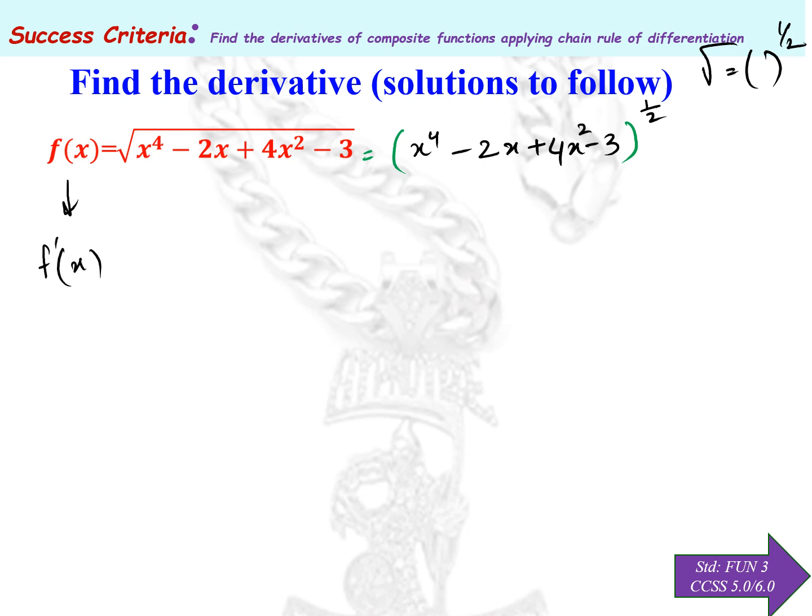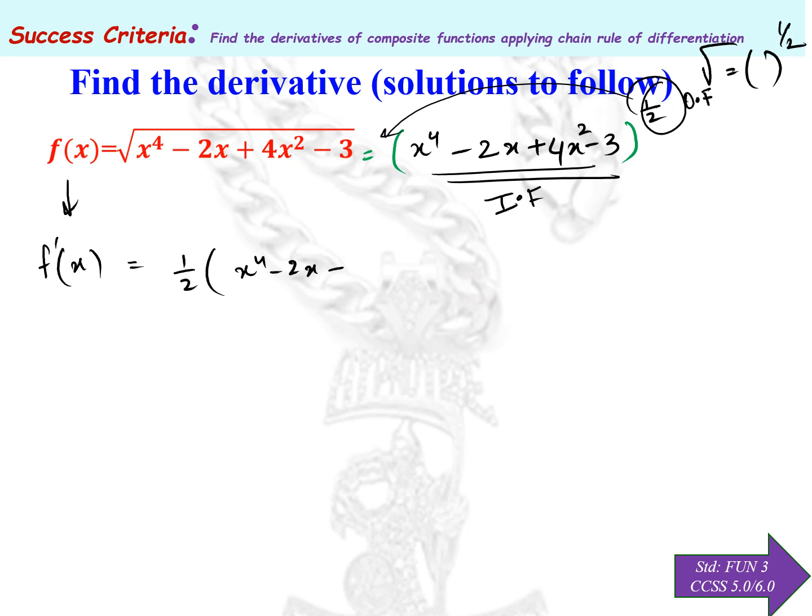Now take the derivative, which means f(x) changes into f prime(x). What is the power rule? The function written inside the bracket is said to be the inner function and the power is the outer function. Apply the power rule: bring the half before the function, write the inner function as it is, no change.